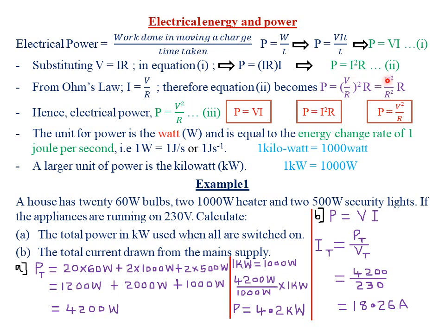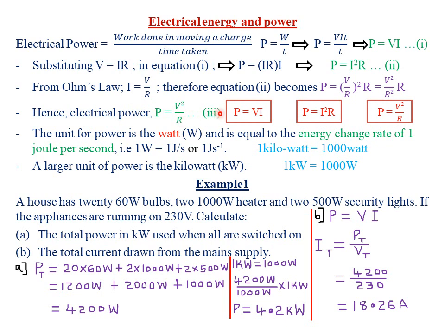So this will become V squared over R squared multiplied by R. Then one R will cancel with one R, so that we remain with V squared over R. Hence, electrical power can as well be given by P = V squared over R.